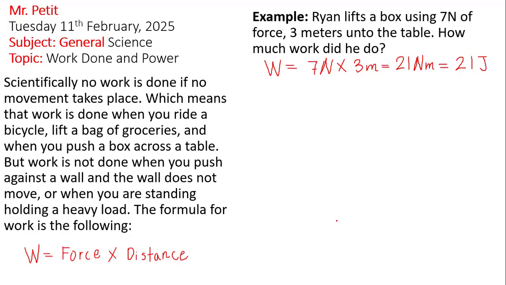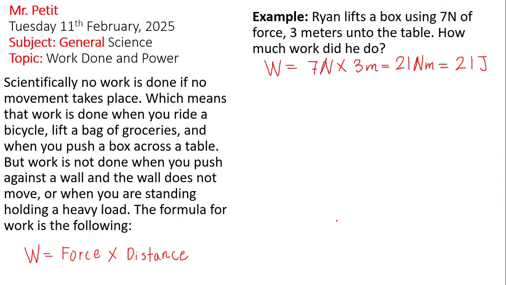And what is the distance? 3 meters. So we say 7 times 3, which gives us 21. And then you put the N next to the M, Newton meters, or joules. So the answer equals 21 joules. Very good.